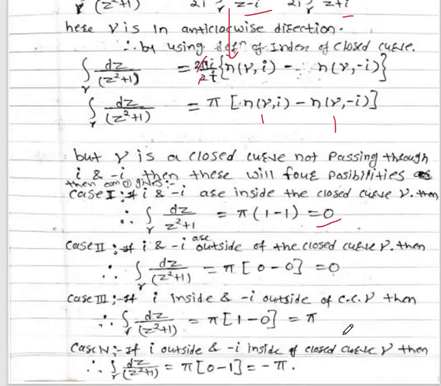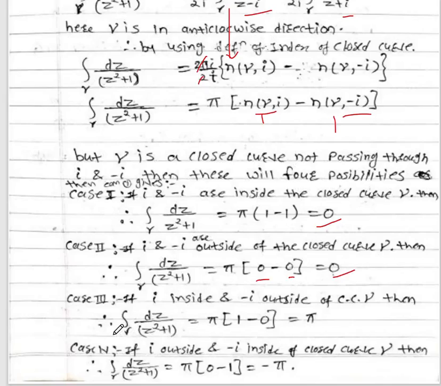Second case, if i and minus i are both outside of the closed curve, then the index for each is 0. If a point lies outside of the curve, then the index of the closed curve for that point will be 0. So this gives 0.